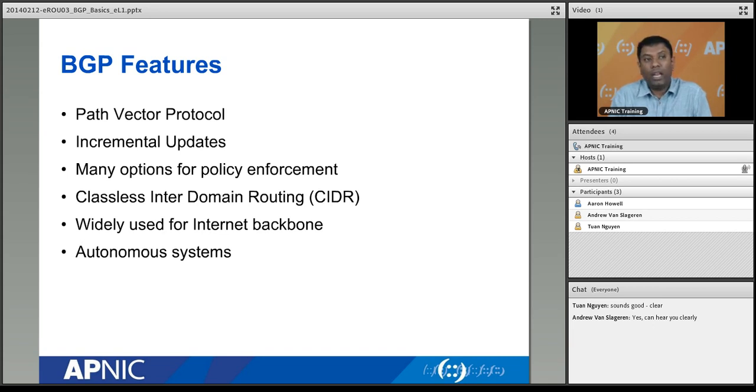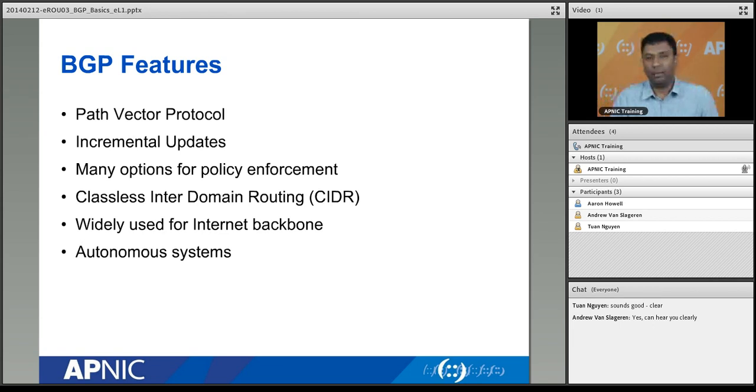And BGP supports incremental updates, which is a scalability feature. For example, if BGP needs to deal with 500,000 prefixes, and a change happens anywhere in external networks, obviously BGP recalculating the whole routing table would not be good, right?